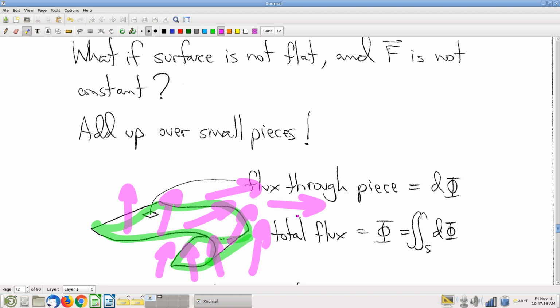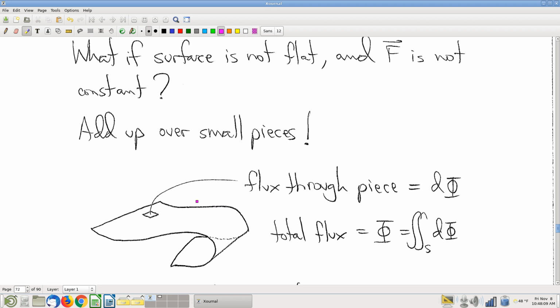So in some parts, the fluid is flowing through the surface in one direction, and in other parts the fluid's flowing the other way. It's flowing not from the one side to the other side, but from the other side to the one side. It's just doing different things in different places. So we can't use the formula on the previous page. You can't just take F dot N. Which N? There's lots of N's. Which F? There's lots of F's. So, problem.